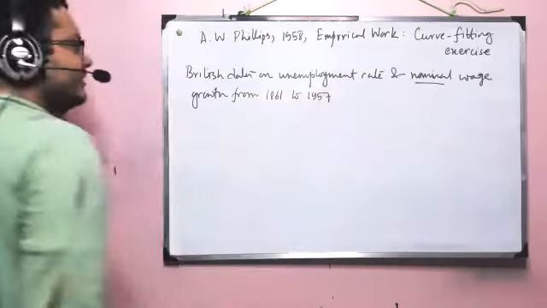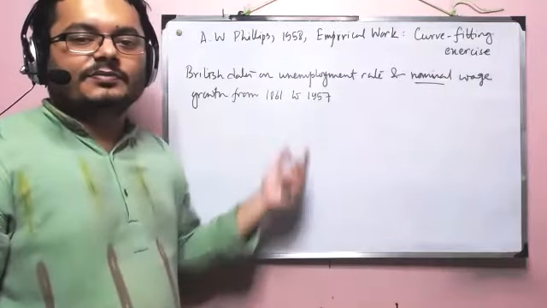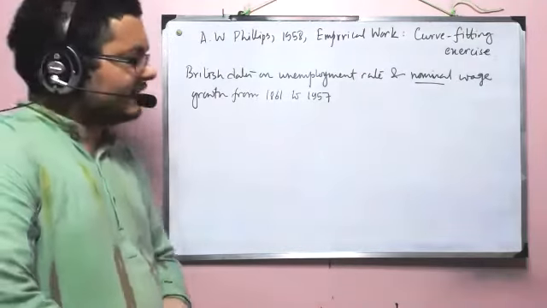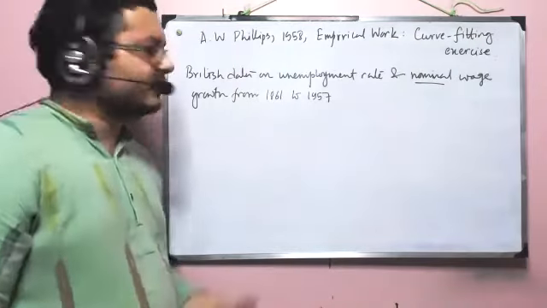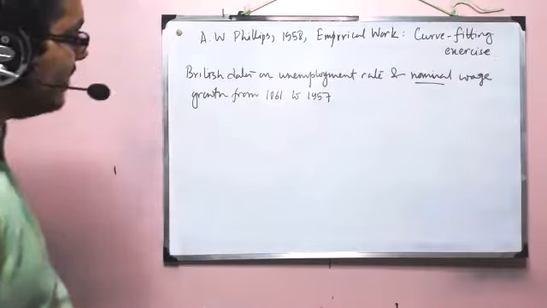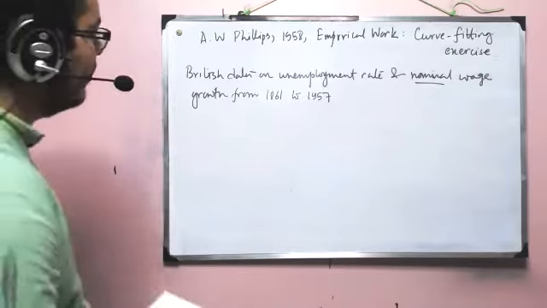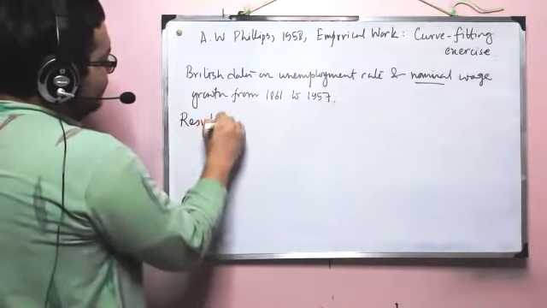Now you know the detailed problems involved in this, right? Whether it had a period where the relationship changed or not and all that. But in those times they were not there. So it was a simple curve fitting exercise. The period was 1861 to 1957. So what was the result that was obtained?